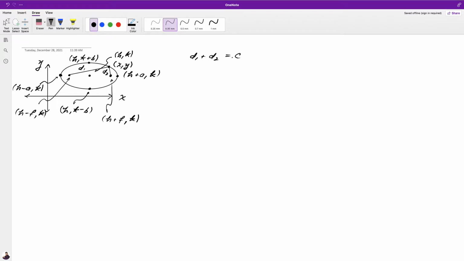Now, what is this c value? Well, let's think about this carefully.